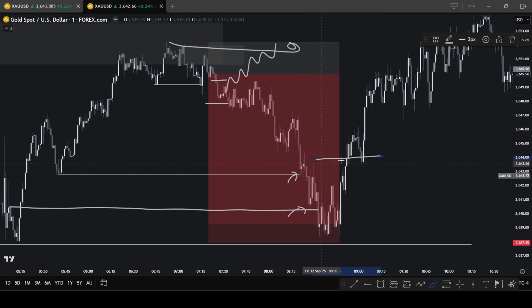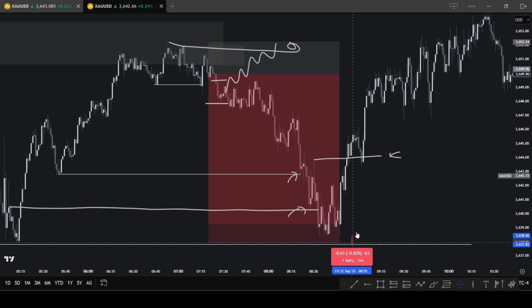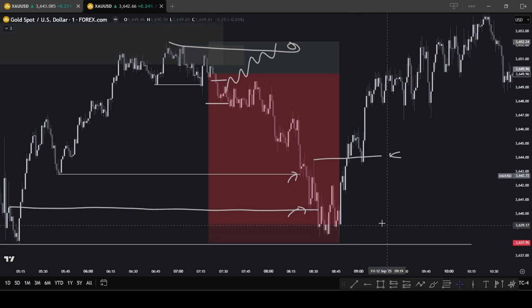I trailed my stop loss above this high, and see how much it was from TP: 0.63 points away, and it reversed. So you have to ready your mind for the worst-case scenario that can happen in a trade. In trading, you cannot win every setup. You have to make your mind so peaceful that you can handle a stop loss. These are all costs of the business.